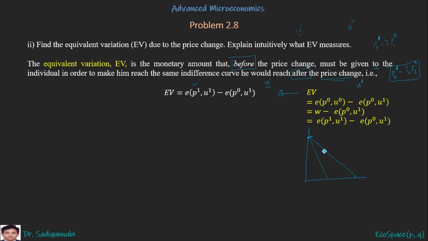We need to have a parallel shift of the original curve, because we want to move to the after-price-movement utility curve. So the dashed line should be this. Sorry, this should be the dashed line. Okay, so our new U1 is here and U0 is there.